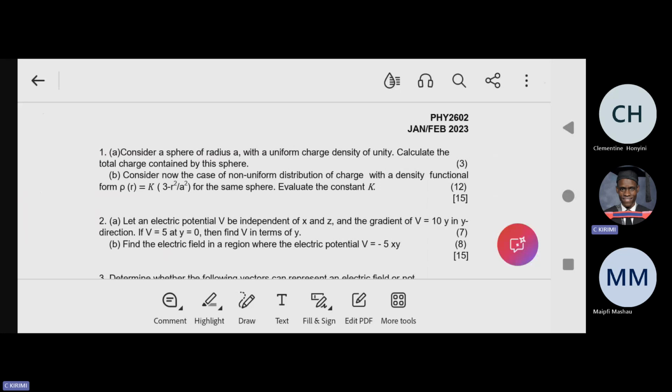Consider a sphere of radius A with a uniform charge density of unity. Calculate the total charge contained by this sphere.